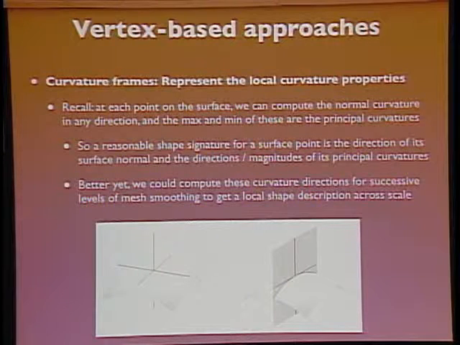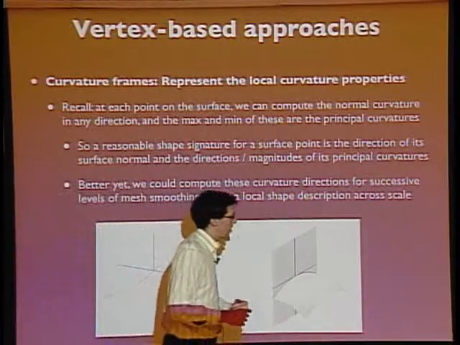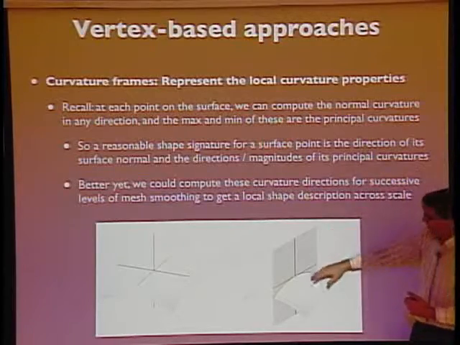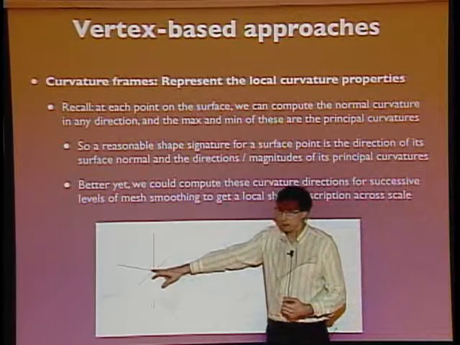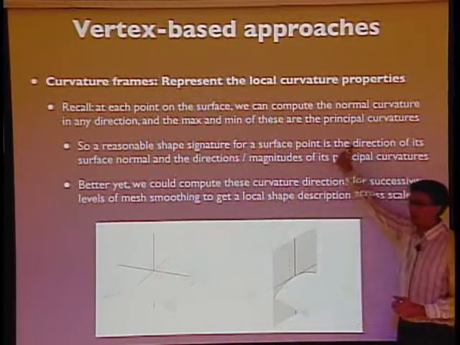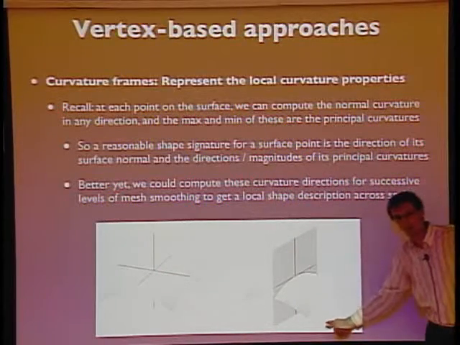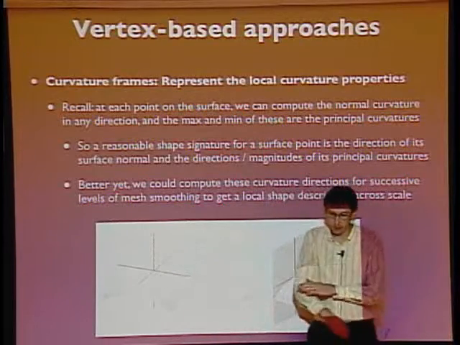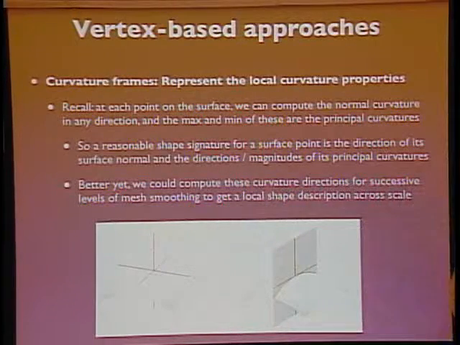One possibility is to use what are called curvature frames. Recall from an earlier lecture what the principal curvature of a surface is at a given point. At our position on the surface, we have a plane that goes through the surface normal, because the surface normal is uniquely defined as the direction orthogonal to the tangent plane, which is also uniquely defined.